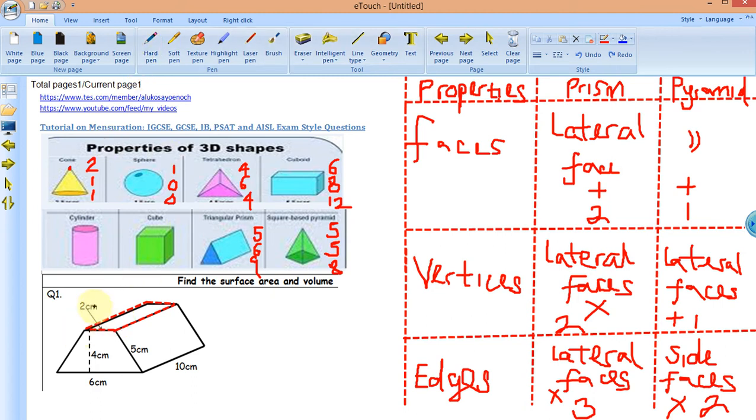What is the area of this part of the top face? Let me use the laser so that you can see. This is 10 centimeters here, so this place too will be 10 centimeters. That means the top face is 2 by 10.